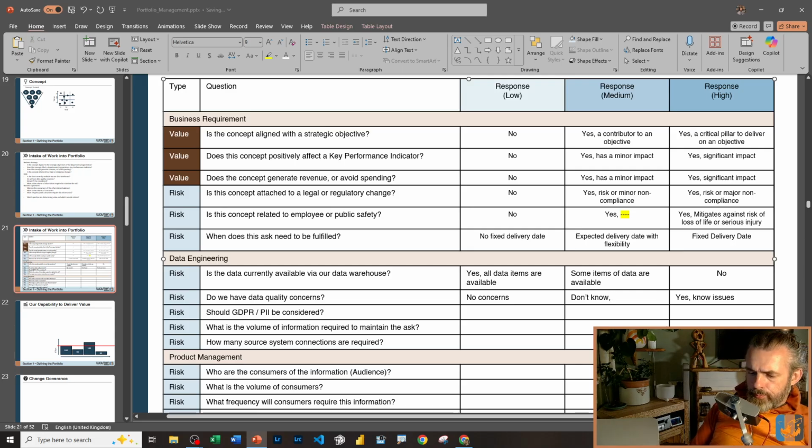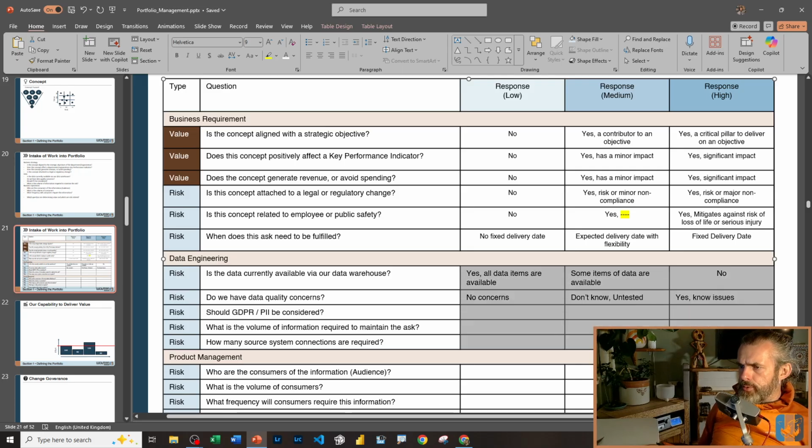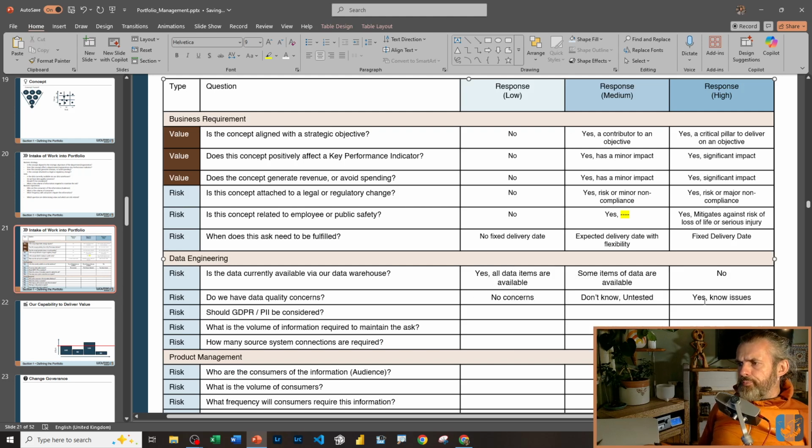Don't know, untested. Yeah, that's the medium response. There are either no concerns, or known concerns in the high pot, and we don't know in the middle.